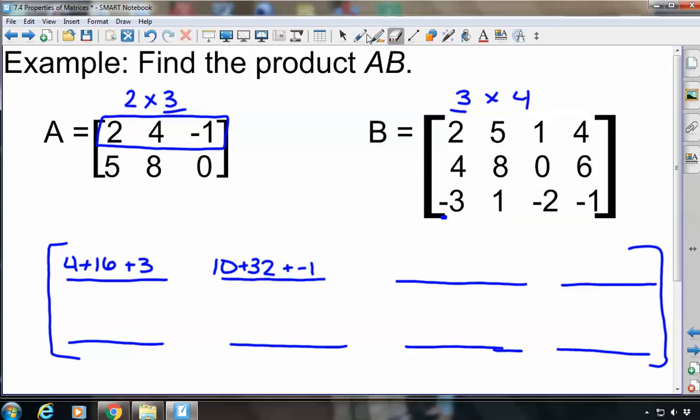So the next one I need is row 1, column 3. So you take row 1 times our column 3. So 2 times 1 is 2. 4 times 0 is 0. -1 times -2 is positive 2.